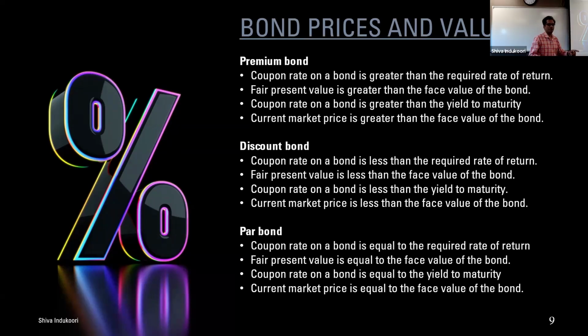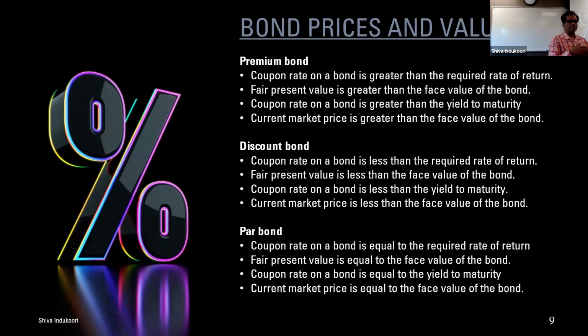Why is it at premium? When it was issued at the current market rates, and the interest rates fell. Okay, agreed. Maybe as an investor, premium means you're paying more price for that. You got the point?